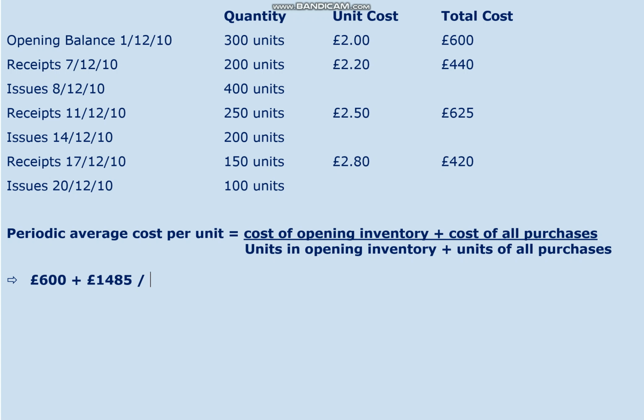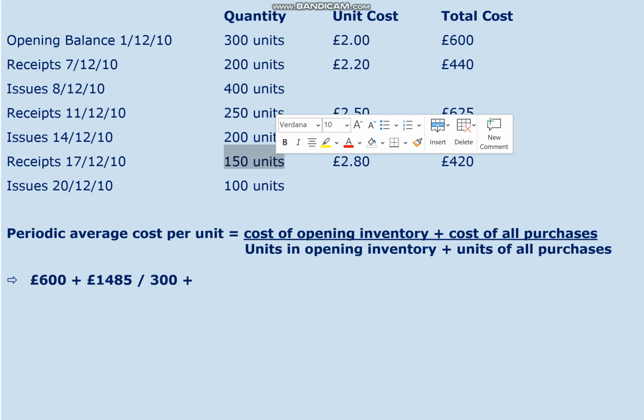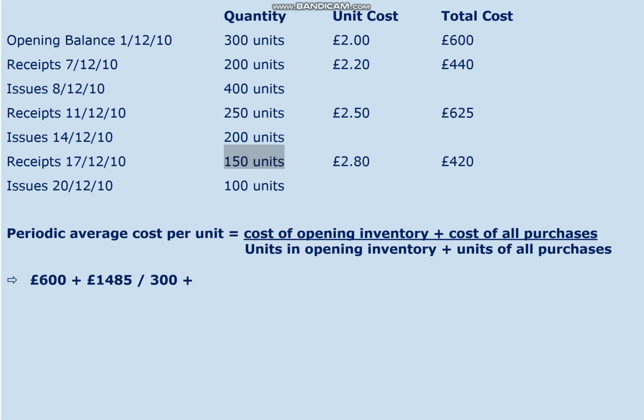Then we divide this by the units of opening inventory, which are 300 units, plus how many purchases? 200 units purchased here, plus 250 units purchased here, plus 150 units received or purchased here. So in total, it comes to 150 plus 250, it is 400 plus 200, 600.